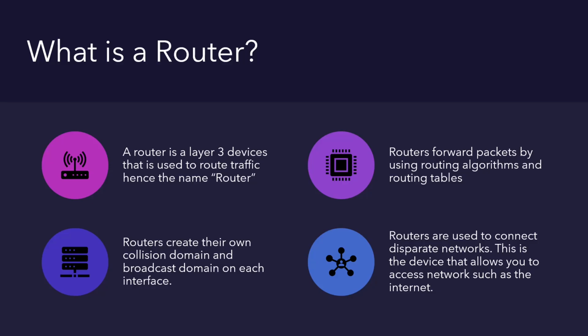If two cars or data packets try to go through at the same time, they collide, also known as a car crash. This collision means the data must be resent, slowing down the network, and with our car analogy, this means that the road is now blocked, basically slowing down all the traffic. So this is why collisions are very bad, and it's very good that routers create their own collision domains.